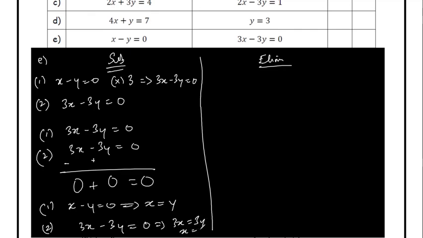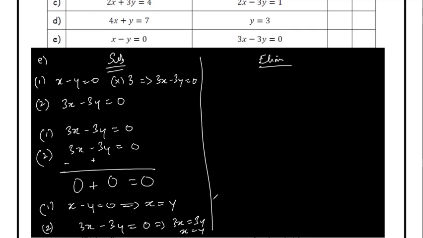In other words, x is equal to y. So you could say that the solutions for these simultaneous equations would be any value of x and y provided x is equal to y.